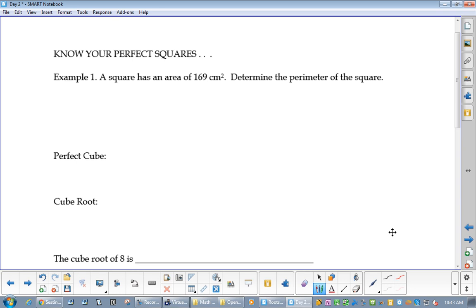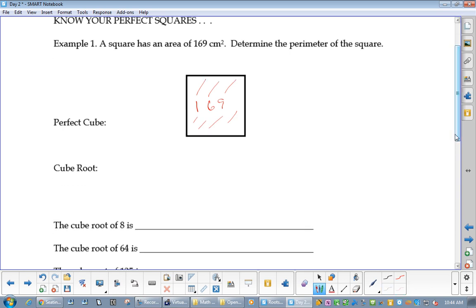Okay, so if you had a square, now, if it says I have 169, that's my area, correct? Therefore, what would my perimeter be? How much? 52.